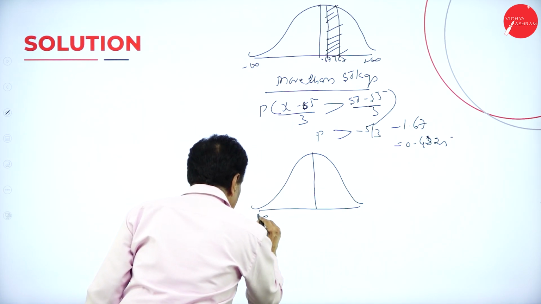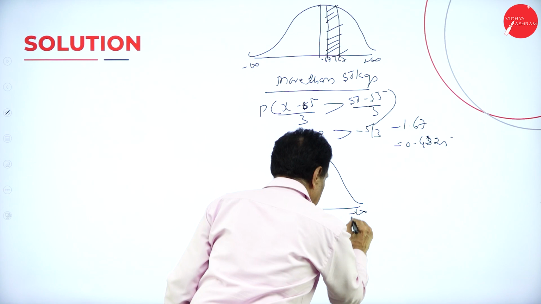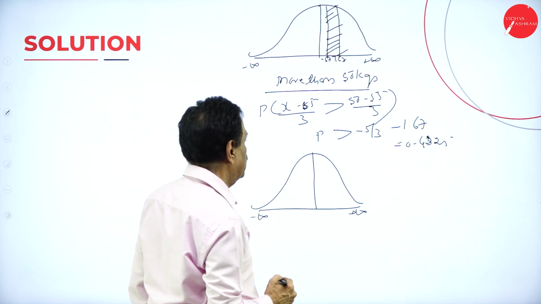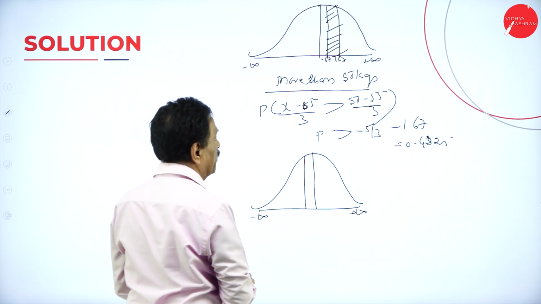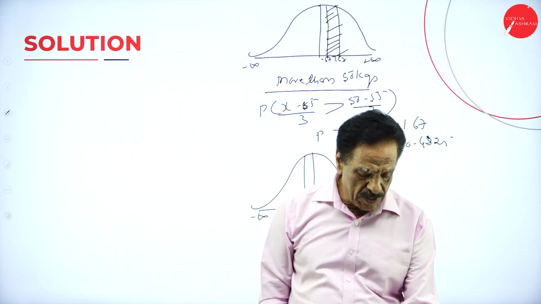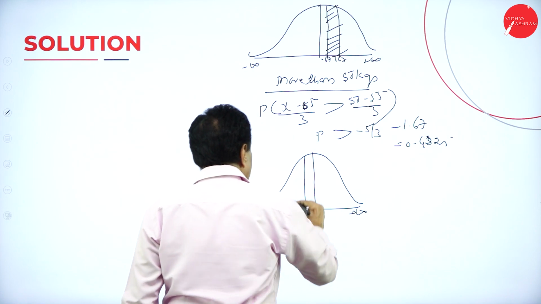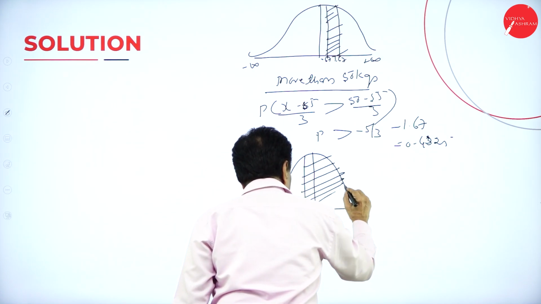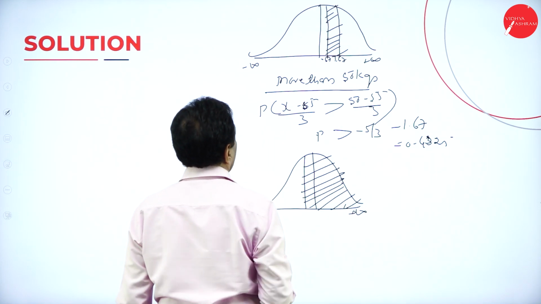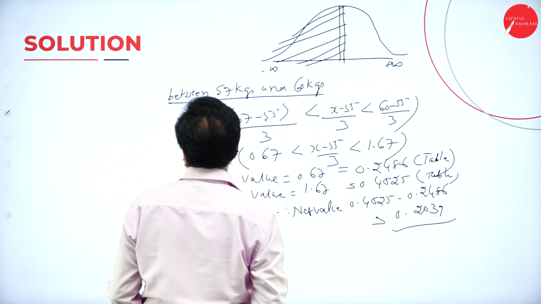This is negative, this is positive. So it is a negative value. It is more than, you have to write like this.